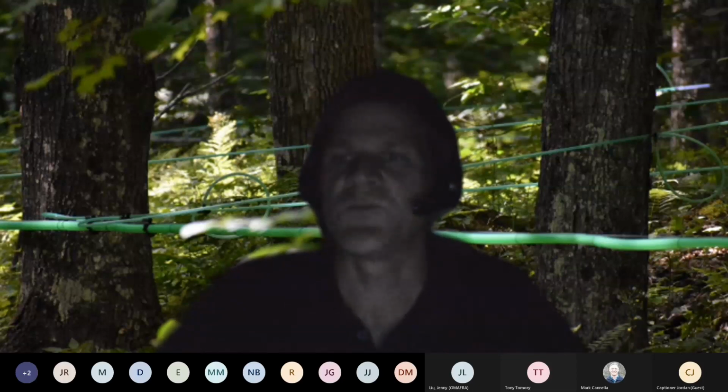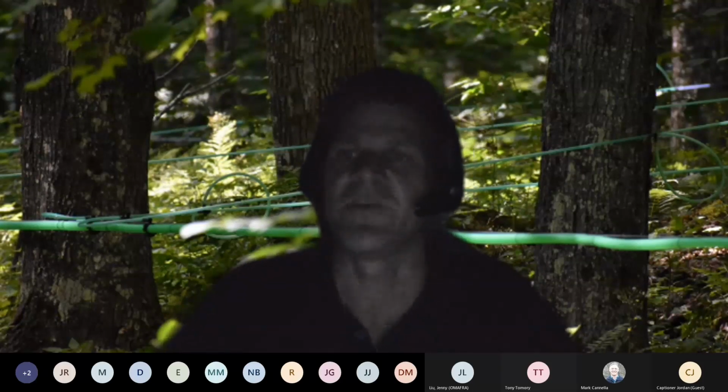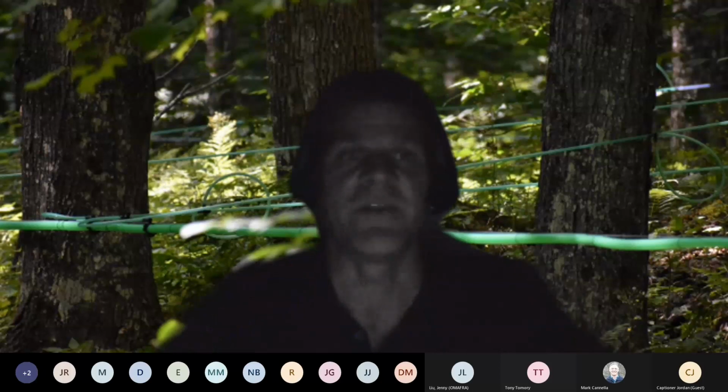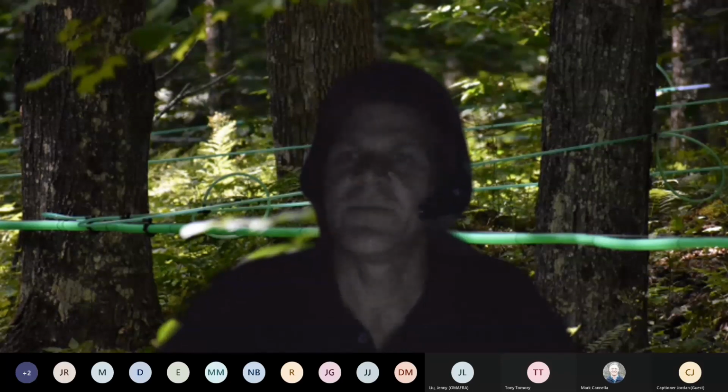Obviously, in a stand that's naturally heavy to maple, it's going to be mostly maple, but we know that there are lots of other species in the woods. So it would be a good idea to have a more comprehensive inventory, one that would align with other goals besides tapping, like long-term forest management goals. And keeping that diversity is especially a requirement if you're certified organic. You would want to make sure that you are reaching that threshold.